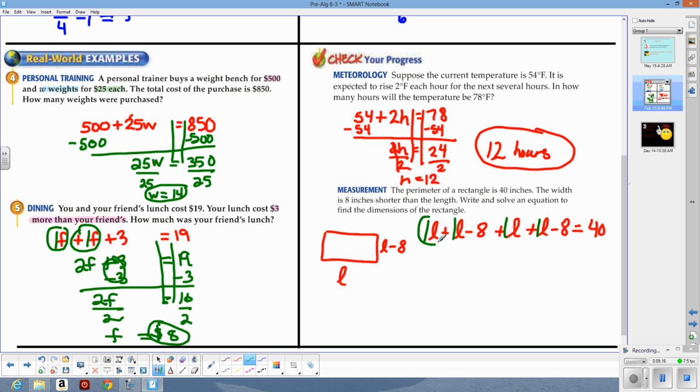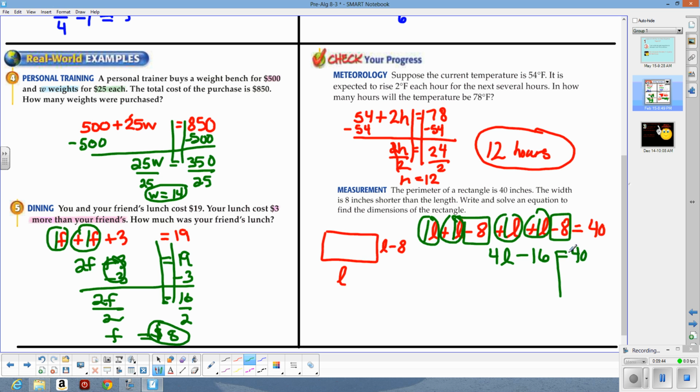We're going to add all these L's together. 1L plus 1L plus 1L plus 1L is a total of 4 L's. And then we have a negative 8 and another negative 8. Negative 8 plus negative 8 is negative 16. So plus a negative 16, or just simply minus 16, equals 40.